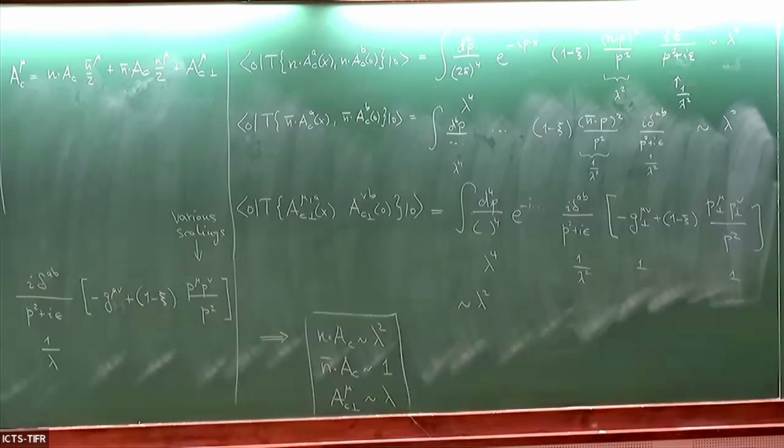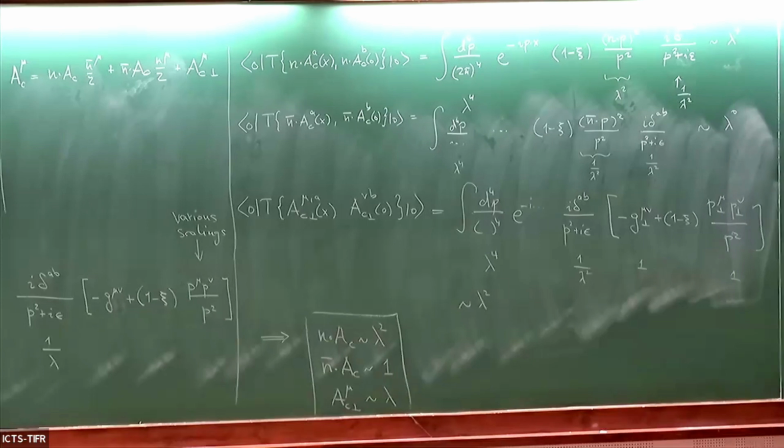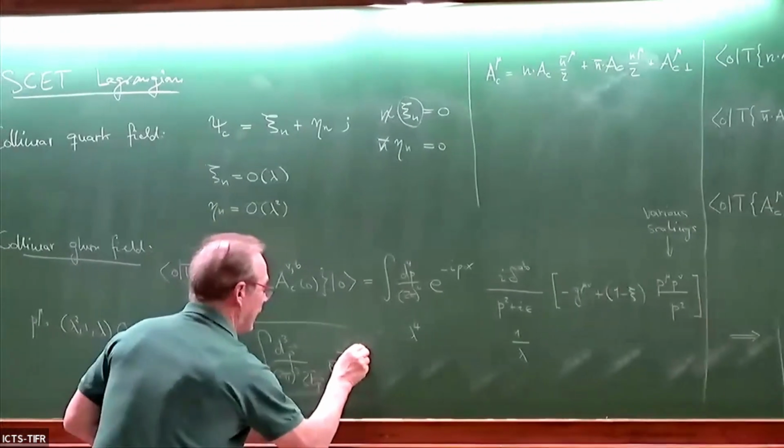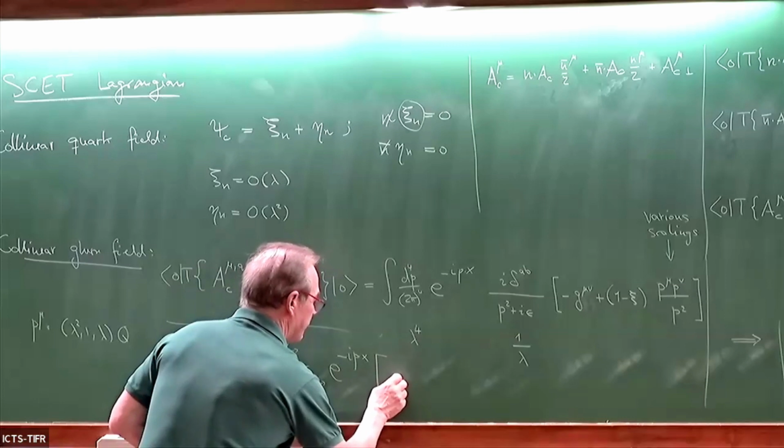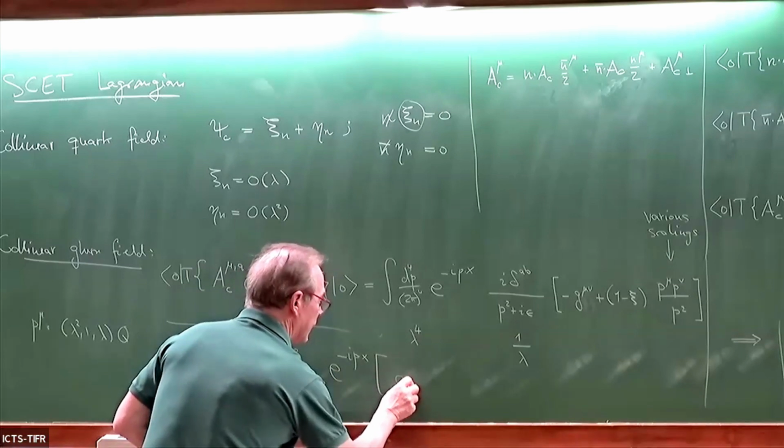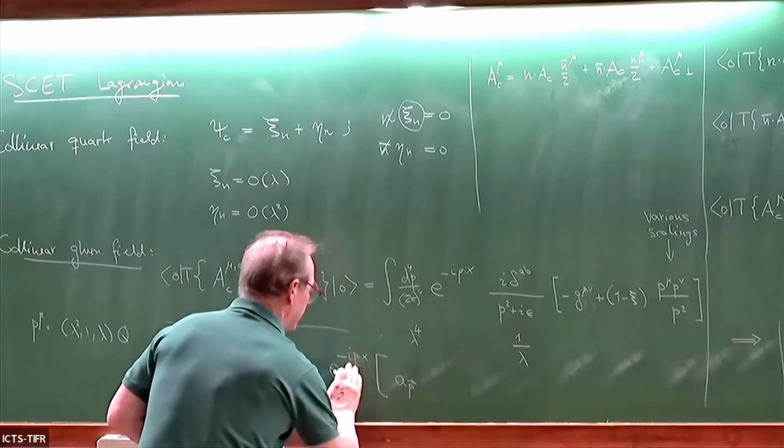Yes. So if you want to have this in the back of your mind, let me write it generically. If I have a collinear field, think of the mode expansion, right? So this is d^3p over (2 pi)^3 2E_p, and now e to the minus i p x, and then you have a term with the annihilation operator.